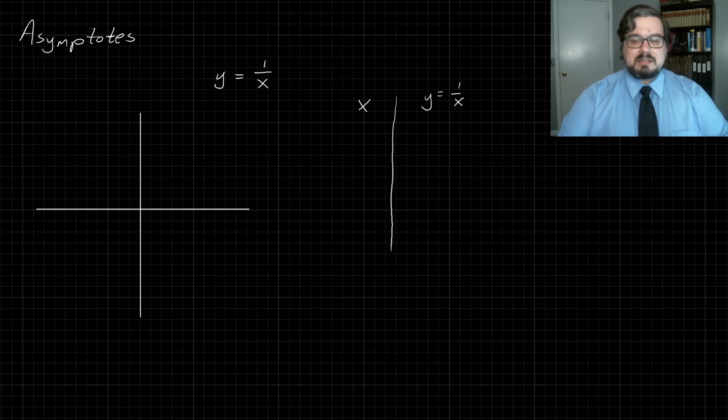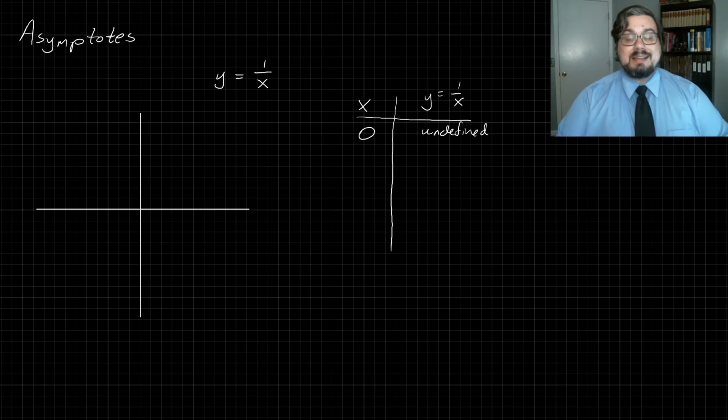Y is 1 over x. Now, the first thing to note is that when x is 0, y is undefined. This is going to wind up being important to us later on. Notice that 0 is a point that's not in the domain of the function defined by y equals 1 over x. That's going to be important for what we do later.